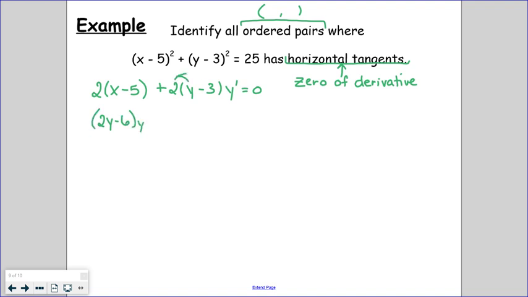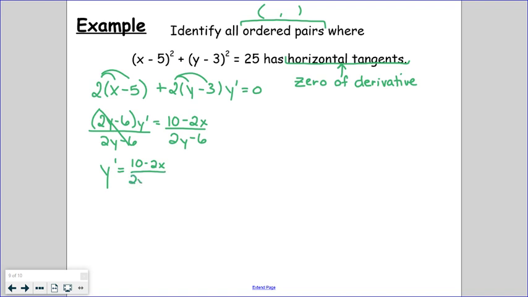So I just distributed this 2 through here. Subtract that 2x. Again, I can distribute that through there. So I would have 10 minus 2x over here, and divide by 2y minus 6, giving me y prime equals 10 minus 2x over 2y minus 6. We could actually have left that 2 out of there. All of those are divisible by 2, so I could simplify this down to 5 minus x over y minus 3.